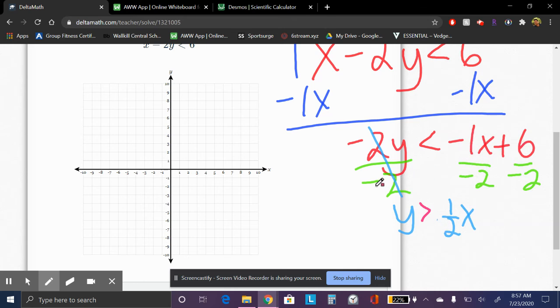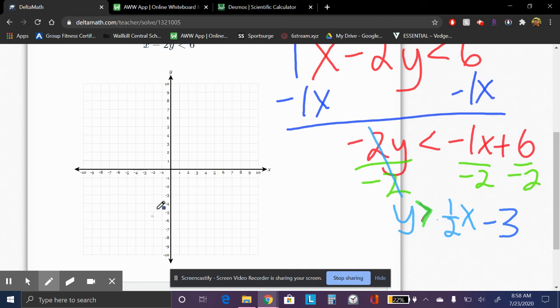So again, when you divide both sides by a negative number, it switches the inequality from a less than to a greater than. So you have y is greater than 1/2 x. 6 divided by negative 2 is negative 3.